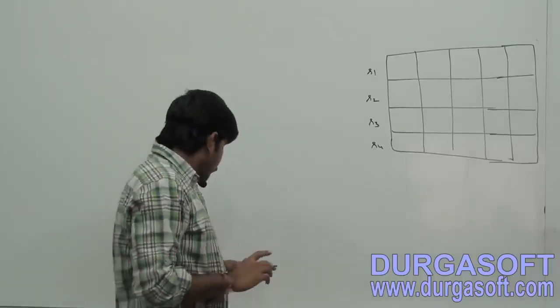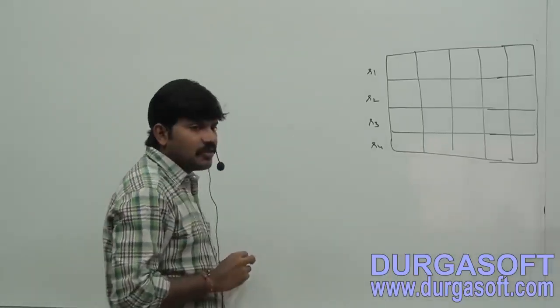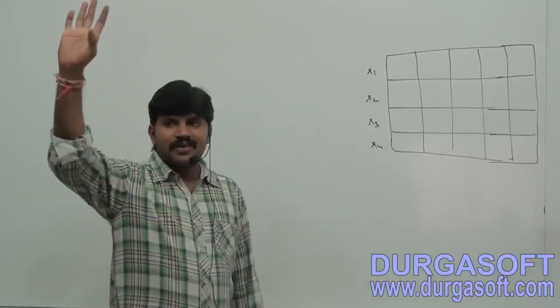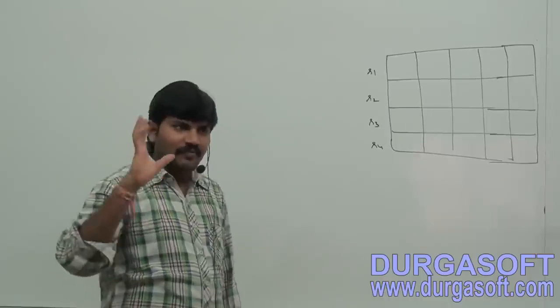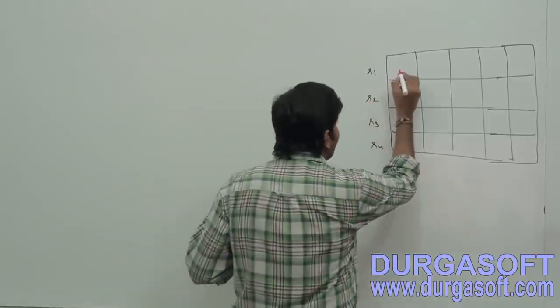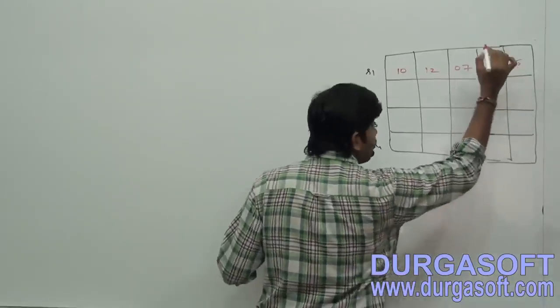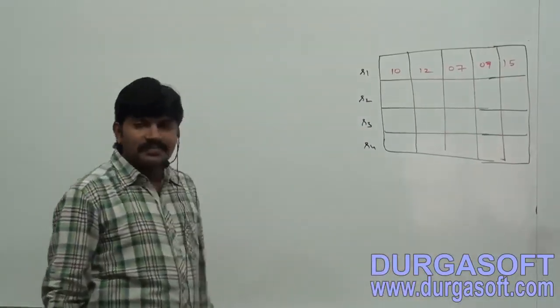The first student, a very intelligent person, has all 5 subjects in the supplementary. The marks out of 100 are 10, 12, 07, 09, 15.